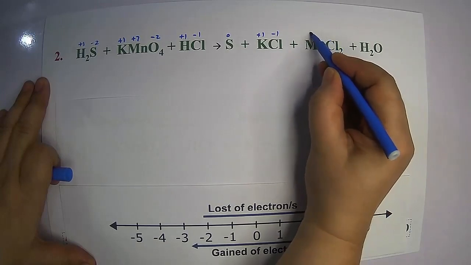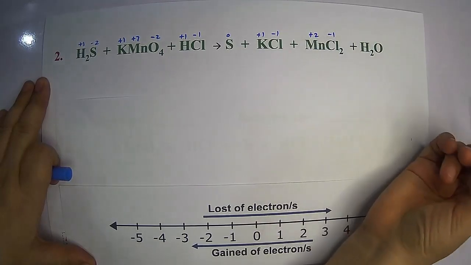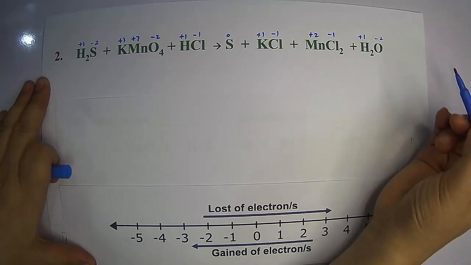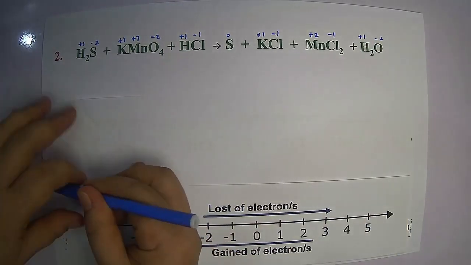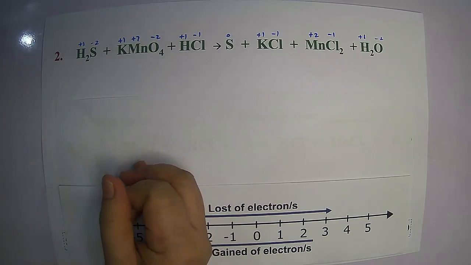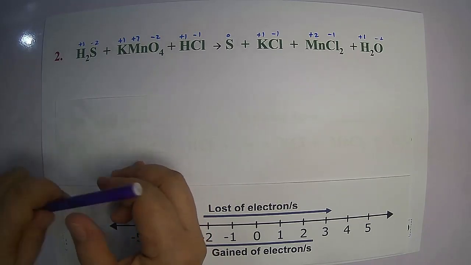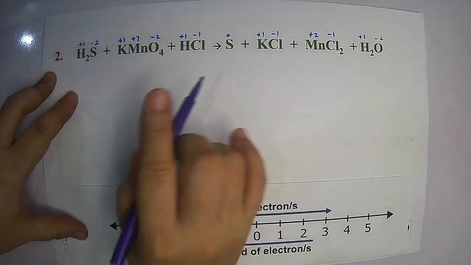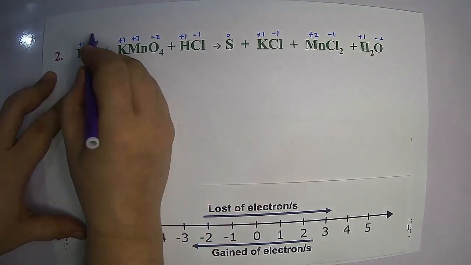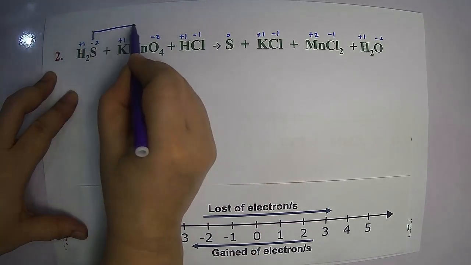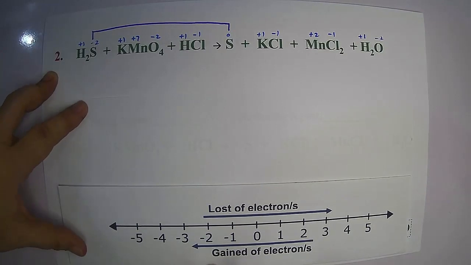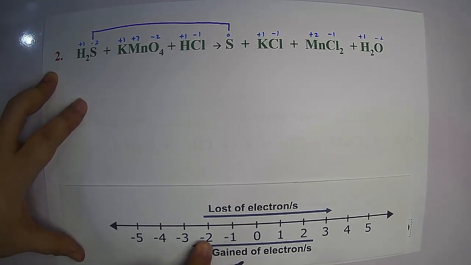Again, another binary, +2, -1. Then -2 for oxygen, +1 for hydrogen. Now we examine which two elements have changed their oxidation number. Obviously here, you can see sulfur from -2 to 0. Okay, using your number line, -2 to 0.